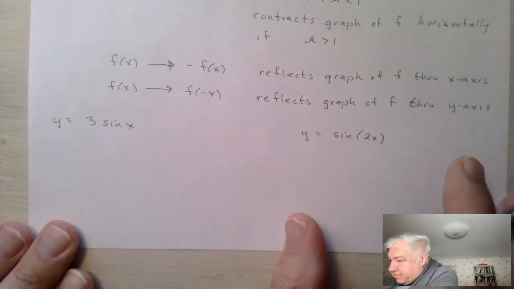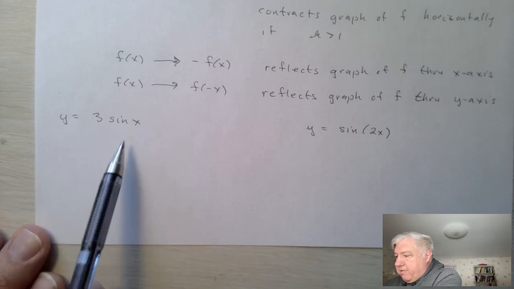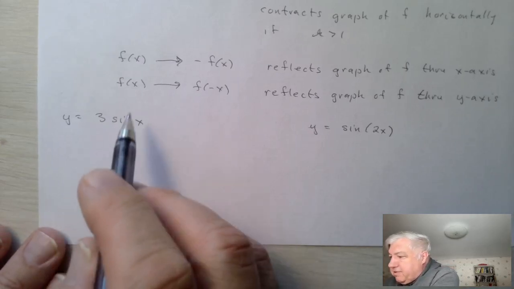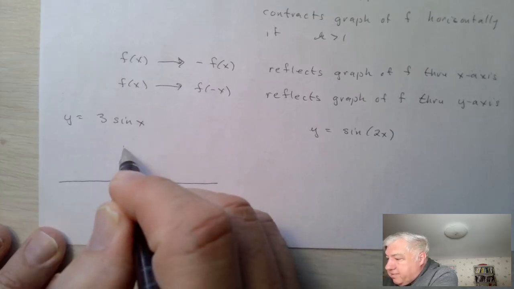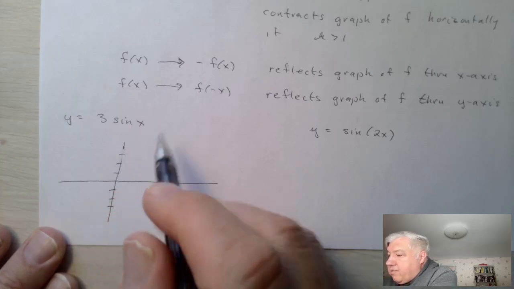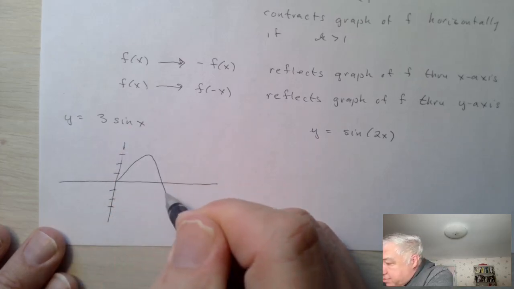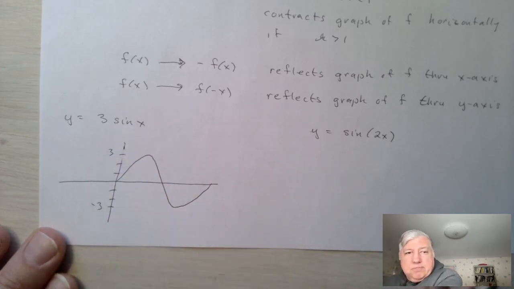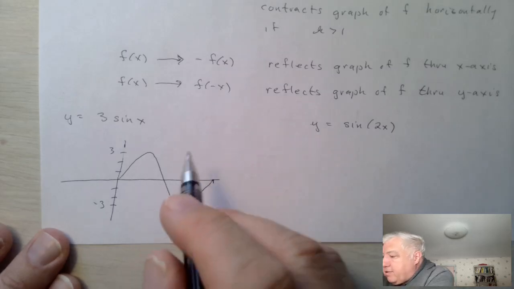if we look at some variations on sine x. Here, 3 times sine x is going to have the effect of stretching things vertically. We're going to see in the next video how to do this, but here we have 3, where we get a new amplitude, where the y coordinates go between negative 3 and 3, and the period is still the same.